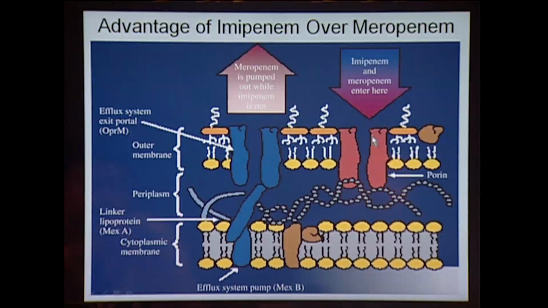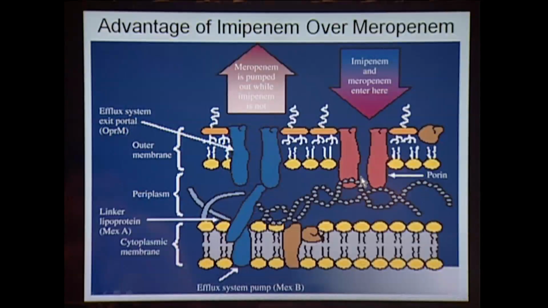Now, if it is a two-layered gram-negative bacteria, then there will be a first level entry and then a second level entry. This entry is successfully made by imipenem, but not by meropenem.